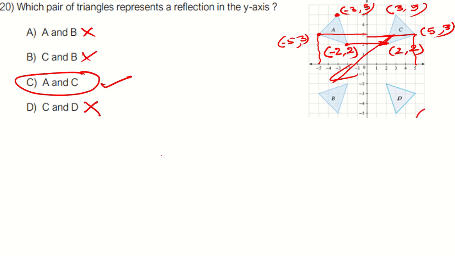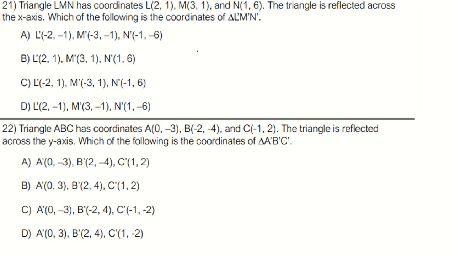Okay, now next: triangle LMN has coordinates (2, 1), (3, 1), (1, 6). The triangle is reflected across the x-axis. Now what you will do here is just draw the x-axis. Students, if you make a picture for this type of question, then the answer will be correct 100% of the time.